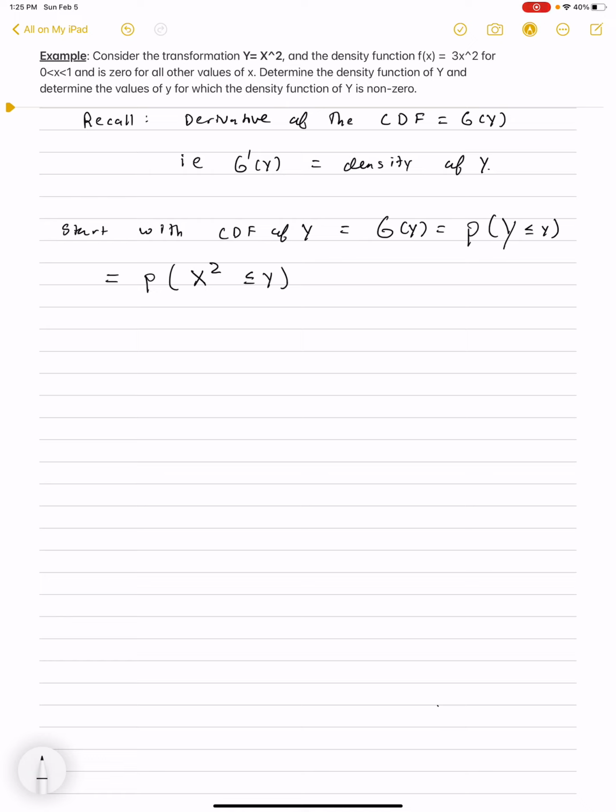Okay. Now I'm going to solve for x. After all, I know how to calculate probability with x. So you're probably going to take the square root, but remember there's positive and negative values.